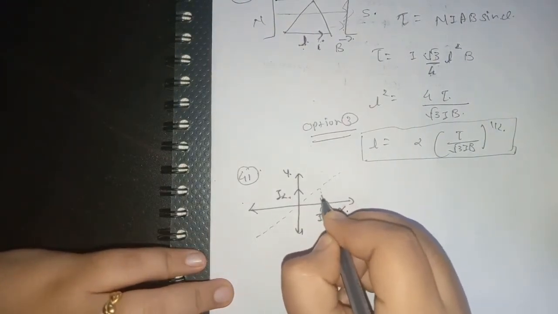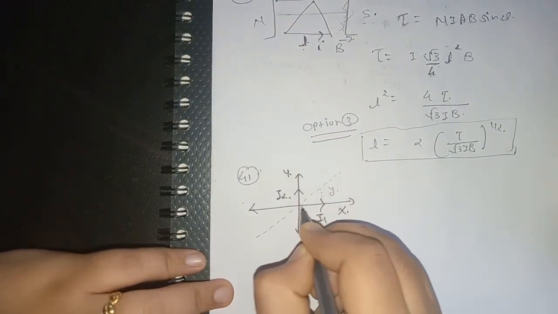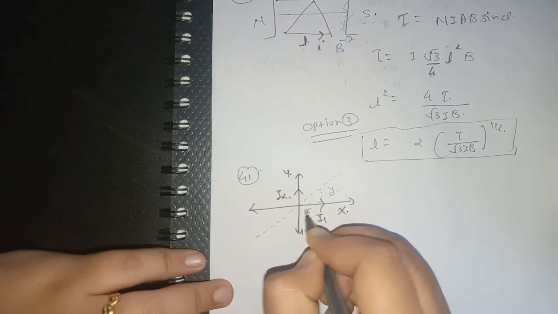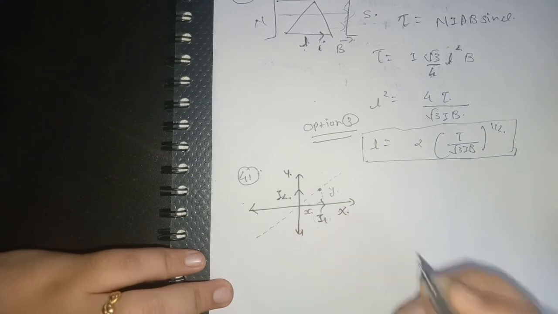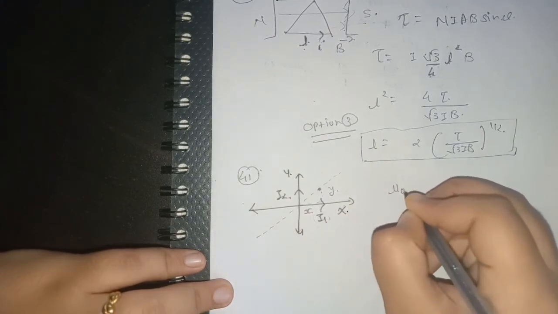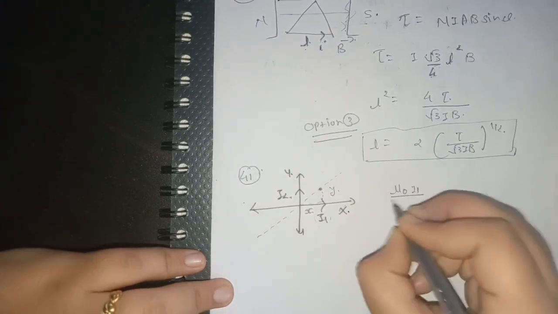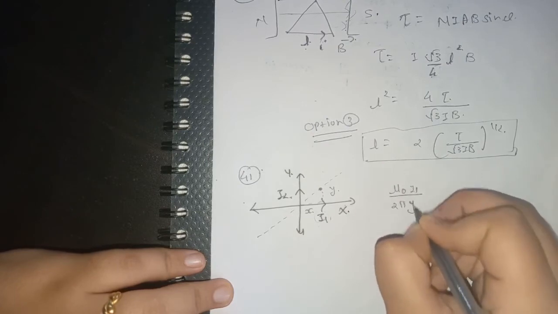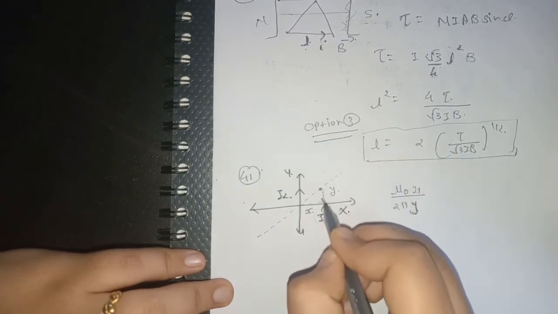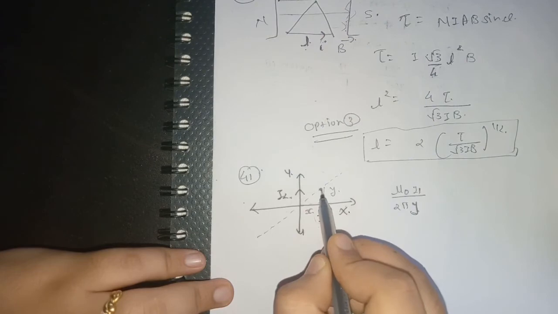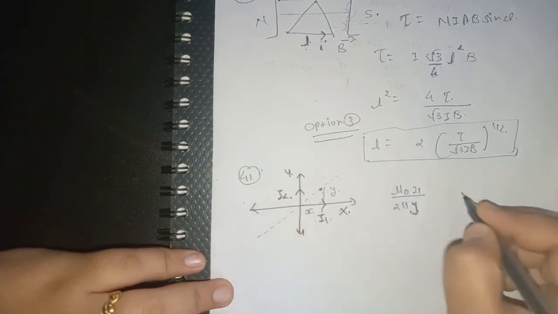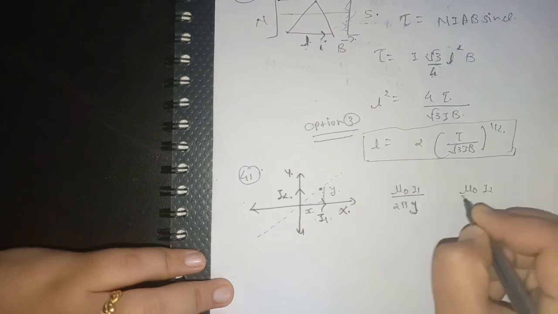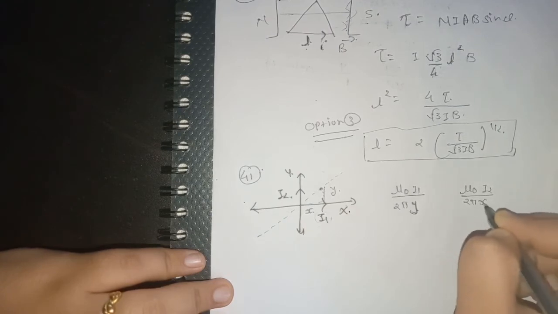Let's say this distance is y and this distance is x. At this point, the magnetic field due to I1 is given by mu naught I1 divided by 2 pi y, as y is the perpendicular distance. And at this point, the magnetic field due to I2 is given by mu naught I2 divided by 2 pi x.